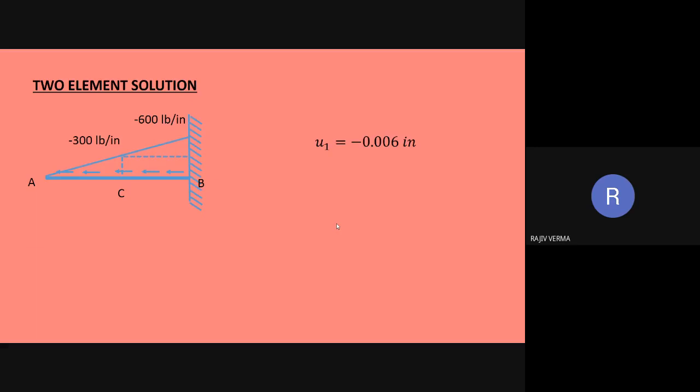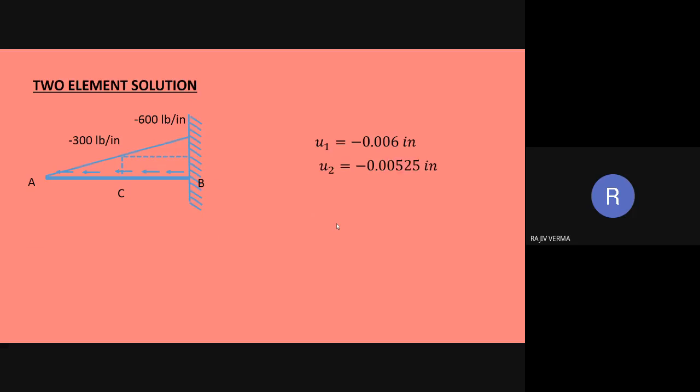For this particular case, displacement at node B obviously is unknown. You are going to get three equations which are supposed to be solved together to get the displacement at node located at A and node located at C. In this particular case, the displacement at node 1, which is at point A, is coming out to be 0.006, which happens to be the same value as has been obtained in the previous case.